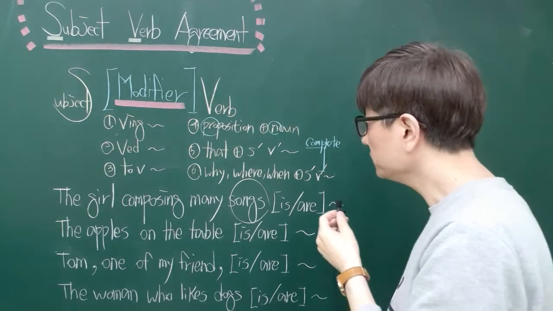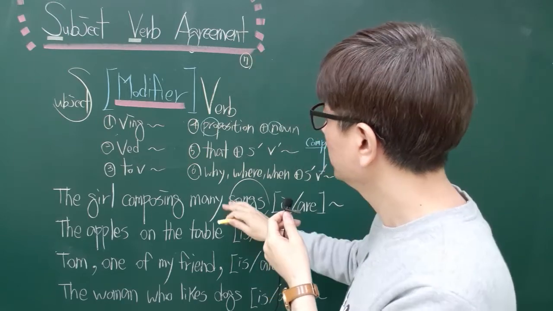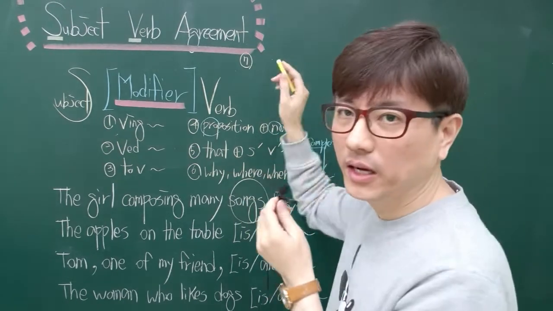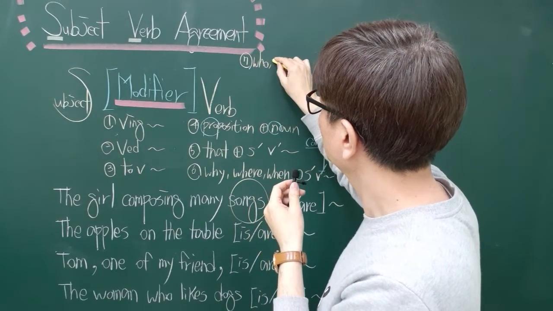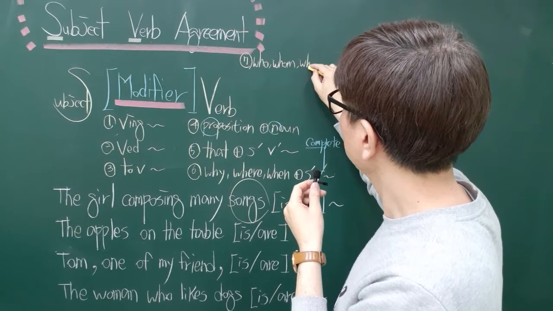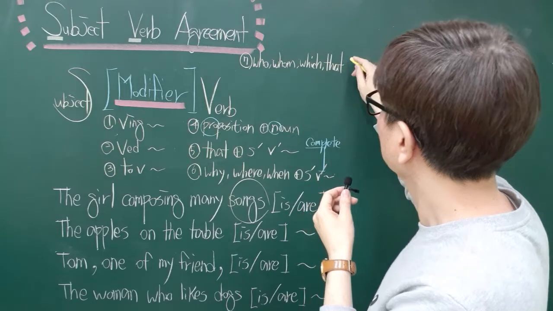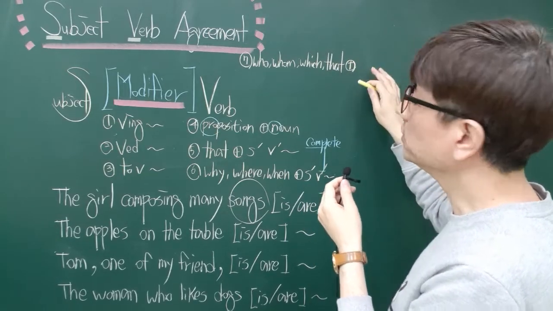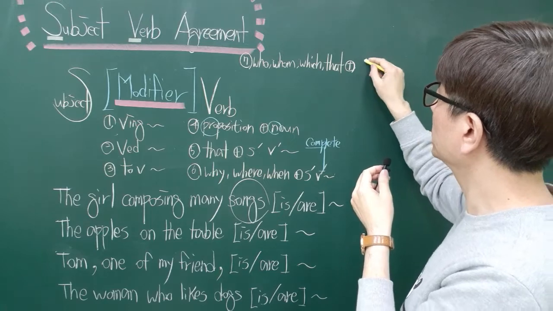And number 7, a relative pronoun such as who, whom, which, that, plus an incomplete sentence. You need to omit either the subject or the object.